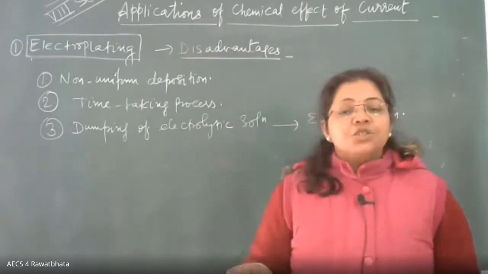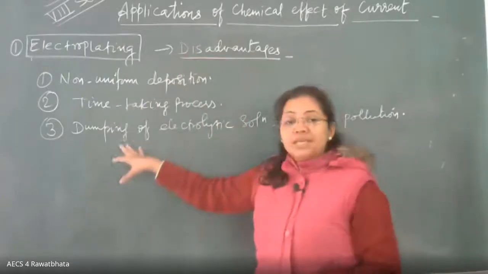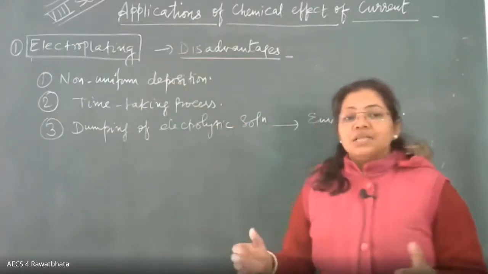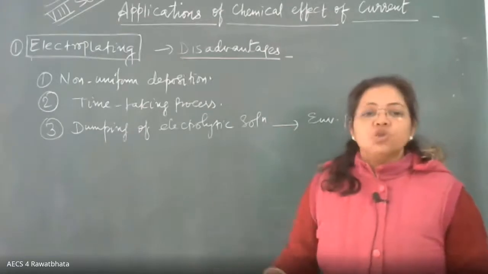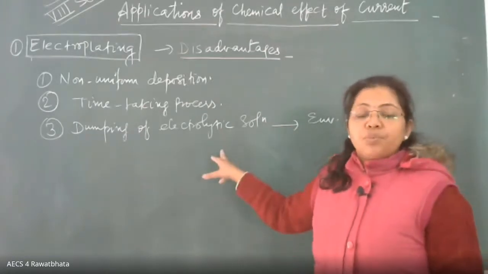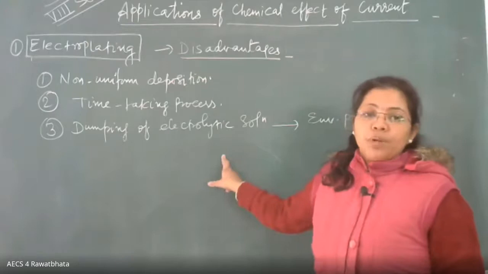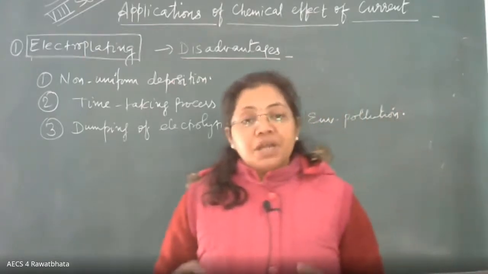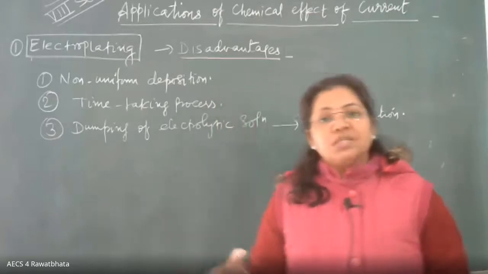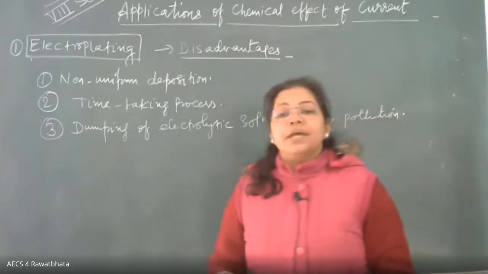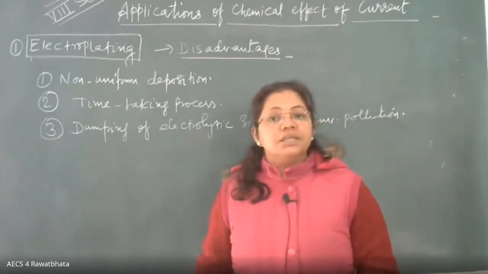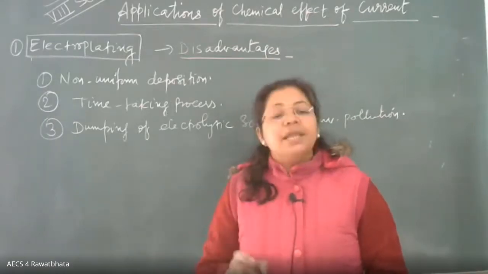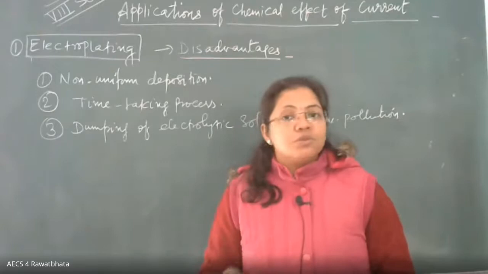So once this electroplating is over, that electrolytic solution has to be thrown out, it has to be disposed of. But its disposal is itself a big problem, because that solution is rich in different kinds of salts, and most of the time it is acidic by nature, because to improve the conductivity we make that solution acidulated deliberately by adding a few drops of an acid.